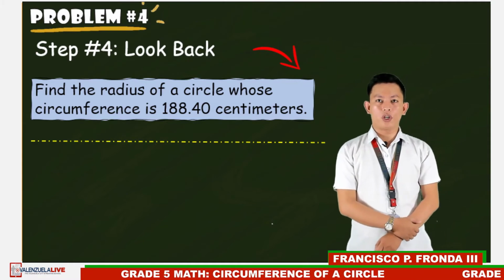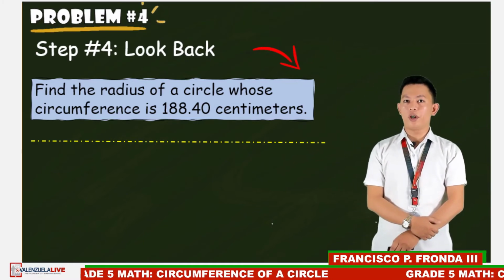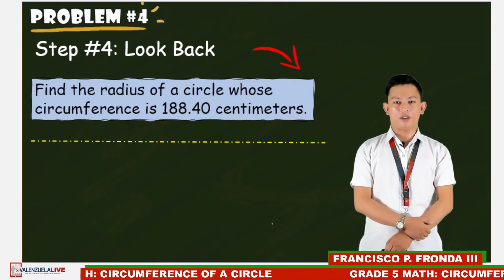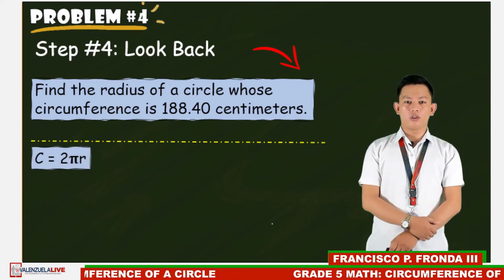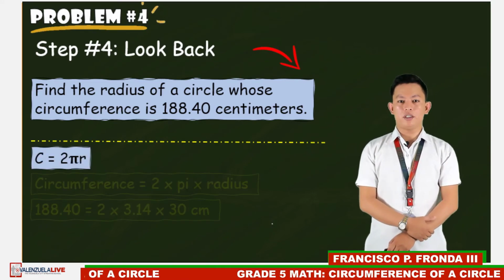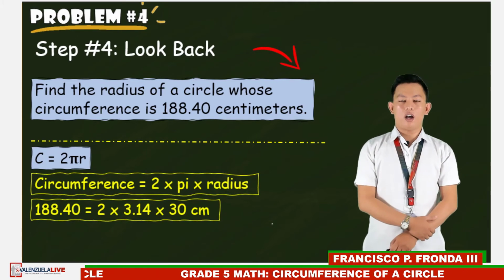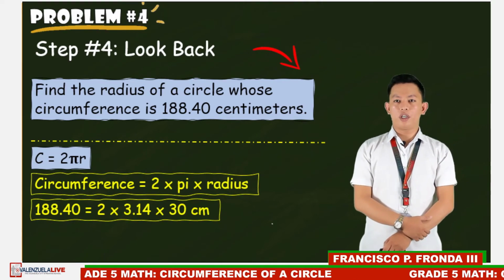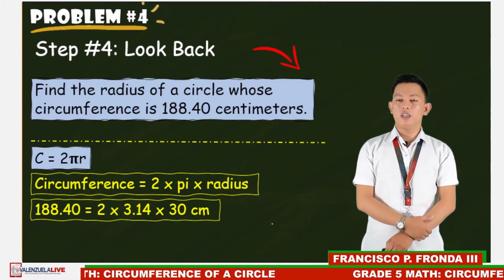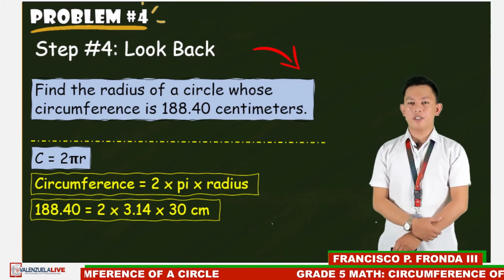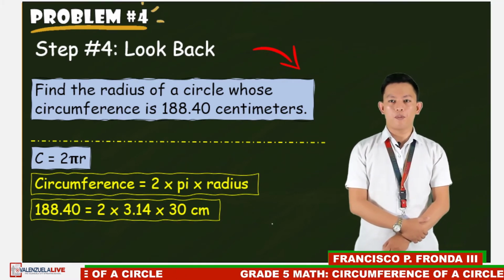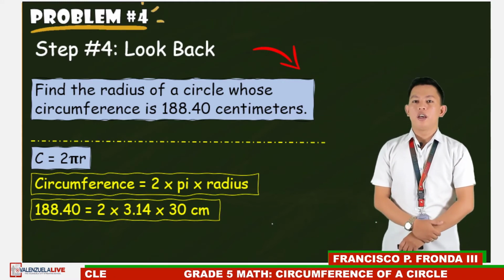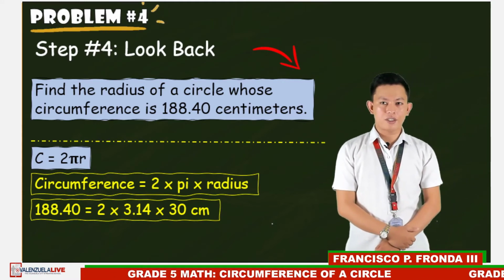30. But we're going to look back at our answer, or we're going to check our answer if correct. Let's substitute the value of 30 centimeters, our radius, to the given formula. Our given formula is C is equal to 2 times pi times r. So the value of the circumference is 188 and 40 hundredths.